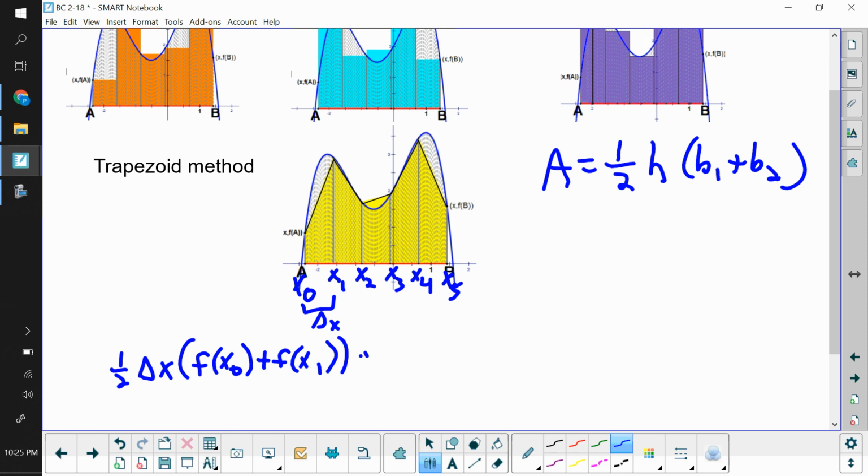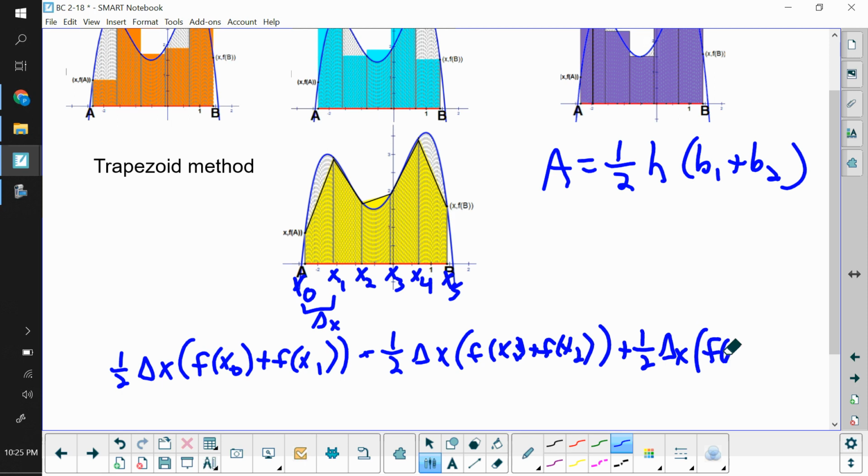Now for the next one, we'll do plus 1/2 delta x for our height again because the trapezoid's tipped on its side. And for base 1 and base 2 in that second trapezoid, as we go left to right, we'll have f of x1 plus f of x2. We're going to keep going like that. 1/2 delta x, then f of x2 plus f of x3.